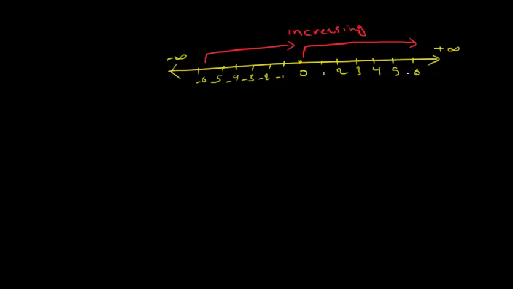But as we move toward left, the numbers are decreasing. It means 4 is less than 5, 2 is less than 3, -2 is less than -1, or -5 is less than -4.